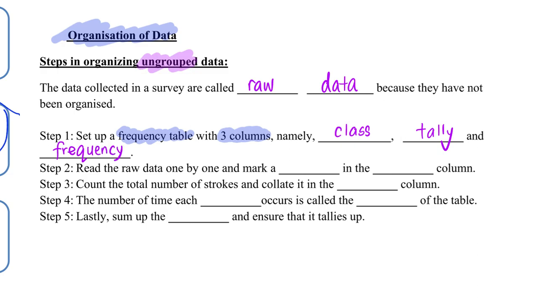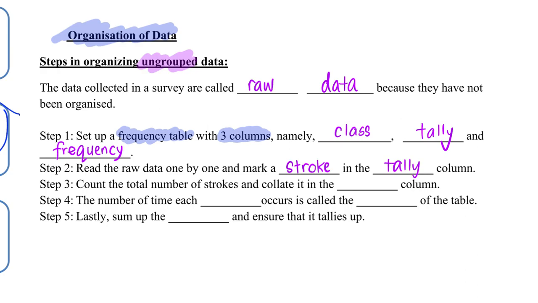Then step 2, we read the raw data one by one and mark a stroke in the tally column to help us count. Every time we count a raw data, we mark with a stroke.